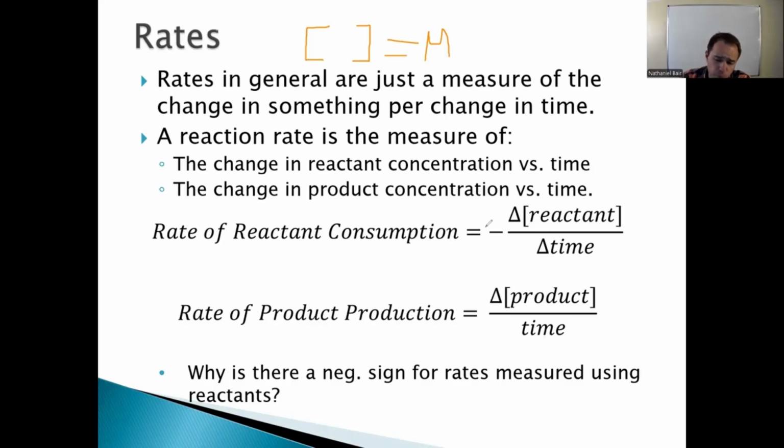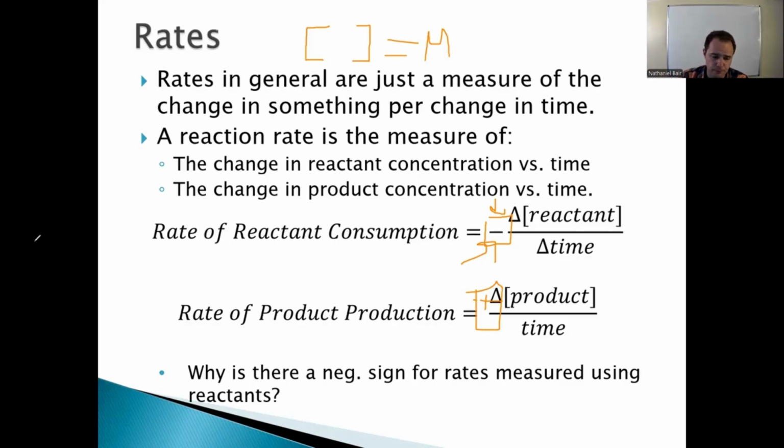So the first thing I want you to notice is that a reactant's change in concentration is always going to come out negative. So that's why I emphasize this by putting a negative sign there. If you measure the change in a reactant's concentration, you're going to end up with a negative. We're going to talk about why in a second. Hang in there. And notice that the product doesn't have that negative sign. If you measure the change in product concentration over time, you're always going to end up with a positive value. Let's talk about why that is.